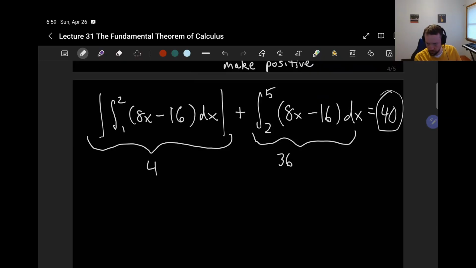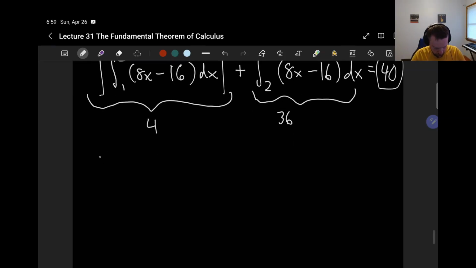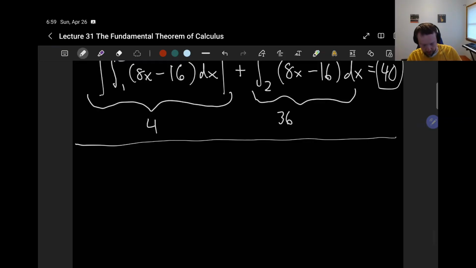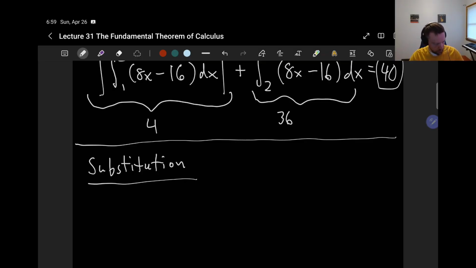I want to spend the remainder of the time on substitution. There's just a slight complication when you're doing substitution with definite integrals. And I want to add this note.